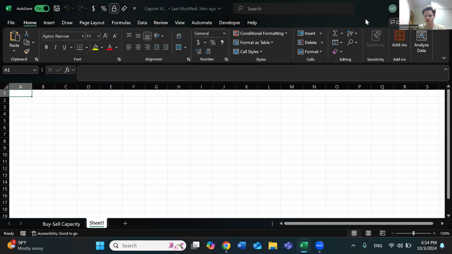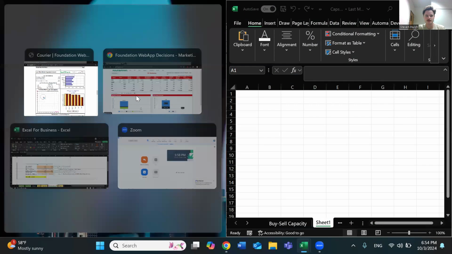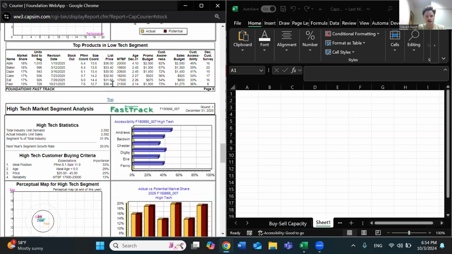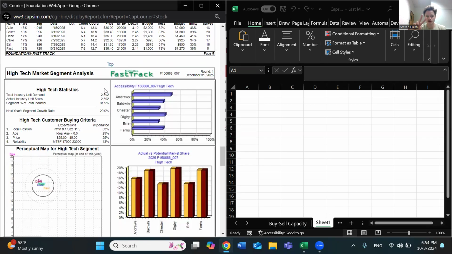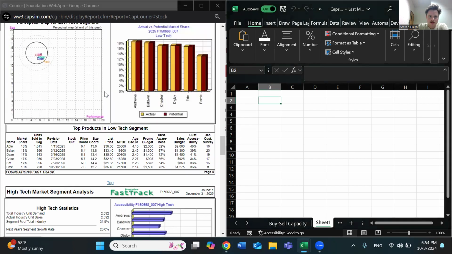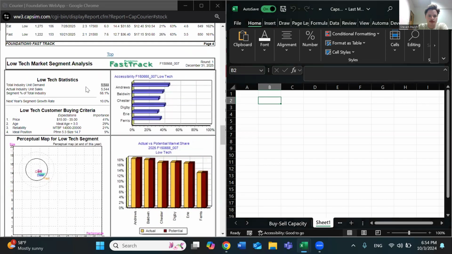So I've told you a couple of things to take into account. The first thing that you need to do, the basis of your forecast, is you need to know how many people are in low tech and how many people are in high tech for round two. So in round one for low tech, here, let's move this over a little bit.